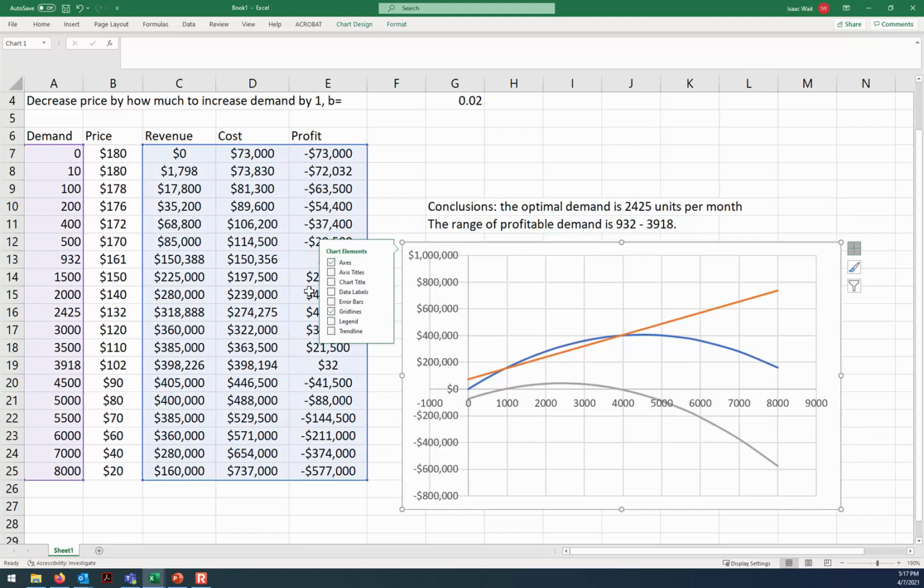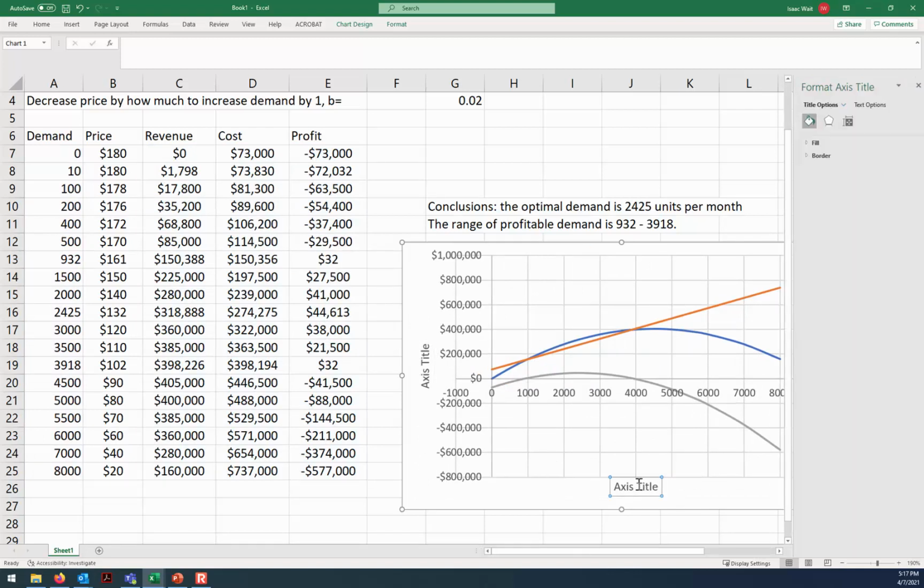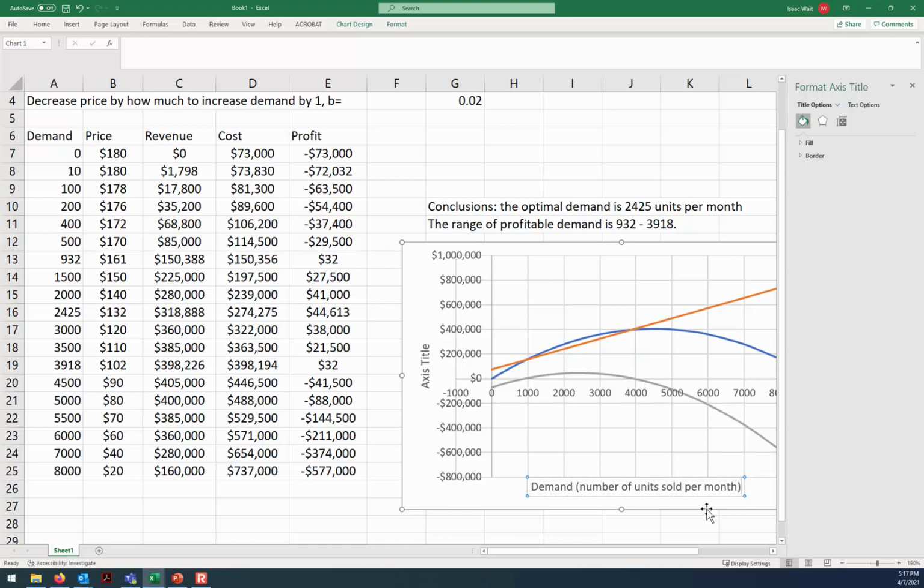First of all, I want to turn on some axis titles, and that'll allow me here to note that this is demand, number of units sold per month. And then on the vertical axis, this is amount of money.